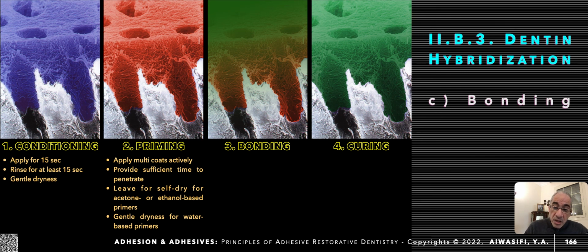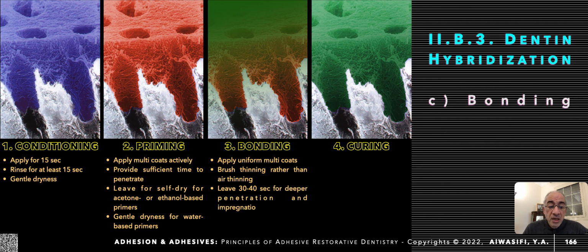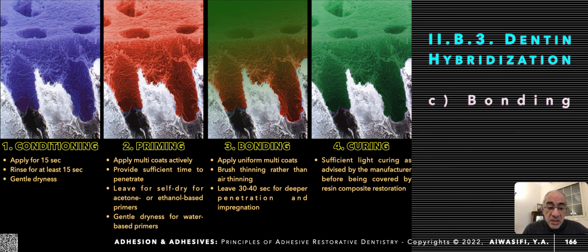Then primer is allowed to dry, either self-dryness for acetone and ethanol-based primers, or gentle air dryness if it is water-based. Then coming the bonding agent, apply a uniform multi-coat, brush thinning of it, leave it for 30 to 40 seconds to infiltrate without any air dryness or air thinning, followed by light curing with sufficient light curing from all the angles.